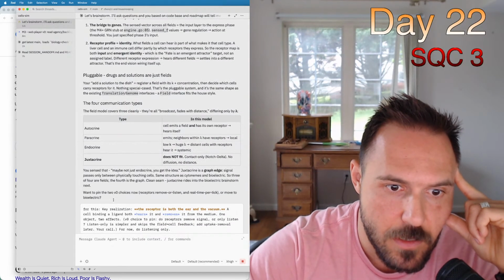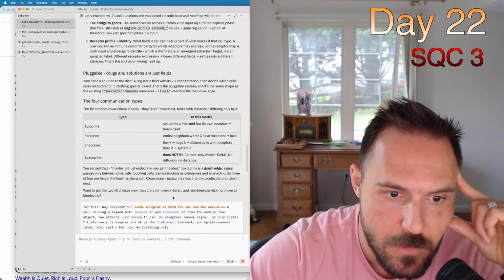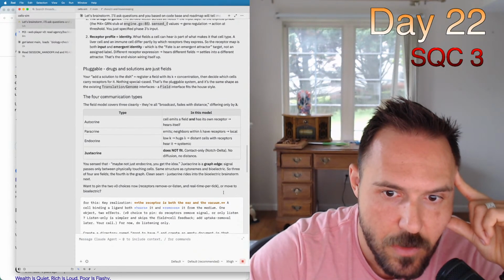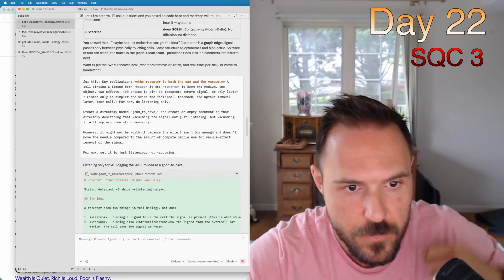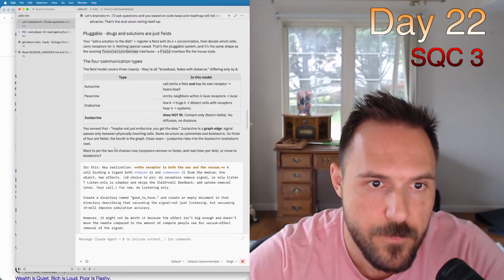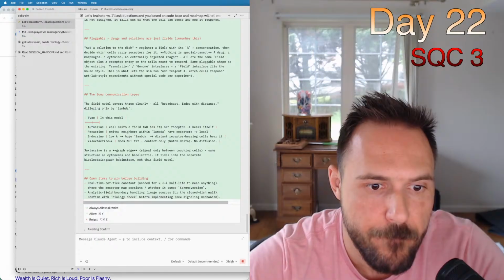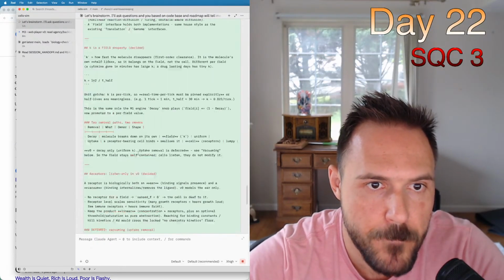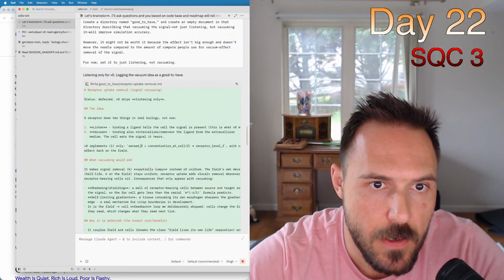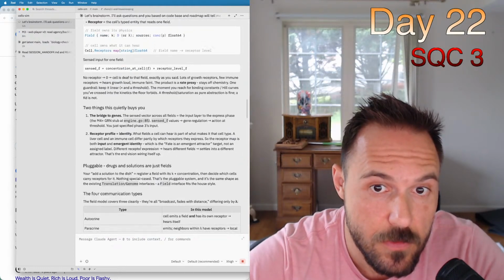Want to pin the choice now: receptors listen real time per tick, or move to the bioelectric? Alright. I need to define this.